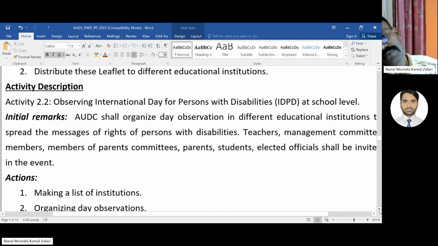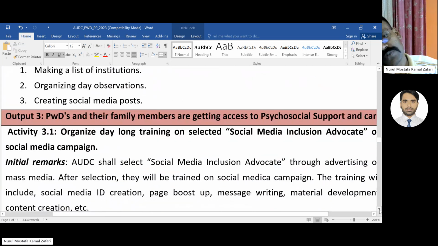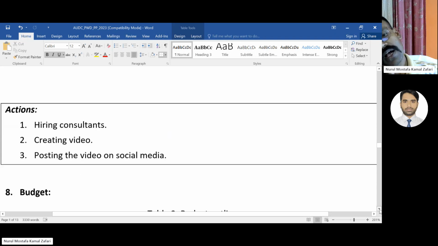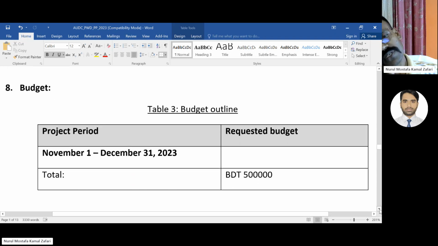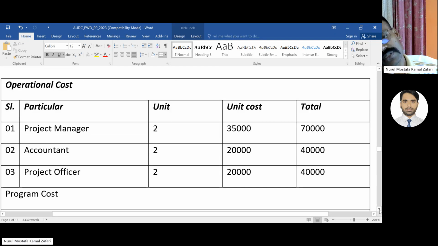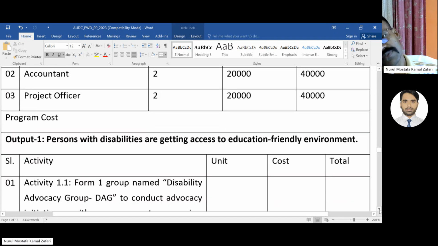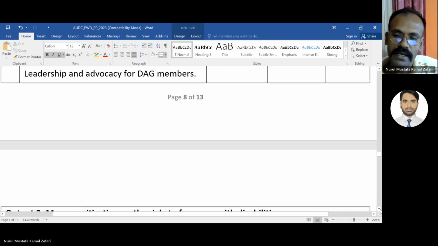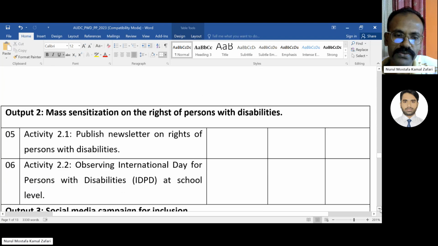Then output 2, activity 2.1, activity 2.2, output 3, activity 3.1, activity 3.2. And then now the budget. What is the total budget, with project duration. Then a short brief of the cost, as the donor wants to see it.